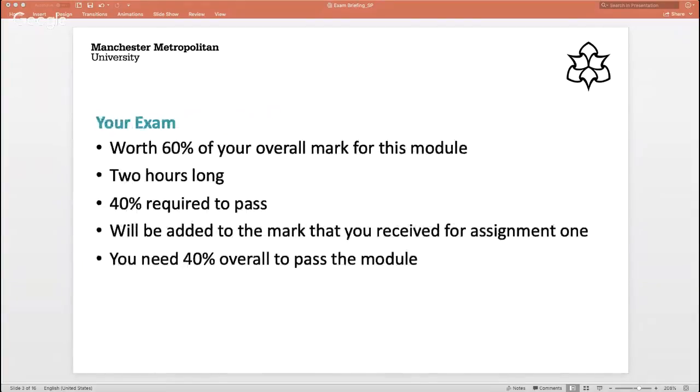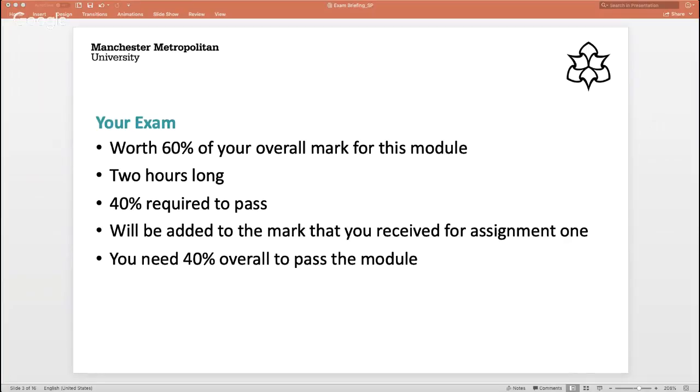So just to recap how this fits within the unit, you are currently working on your digital agency project as a group with your individual blog posts as well. And that is worth 40% of your overall grade for the unit. And that means you've got 60% left for the exam. So this open book exam is going to be 2 hours long and worth 60% of your overall grade.